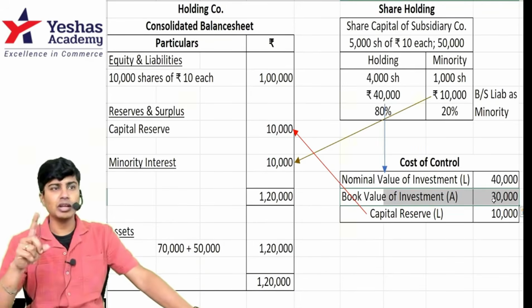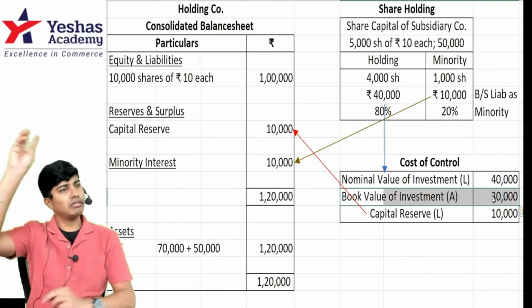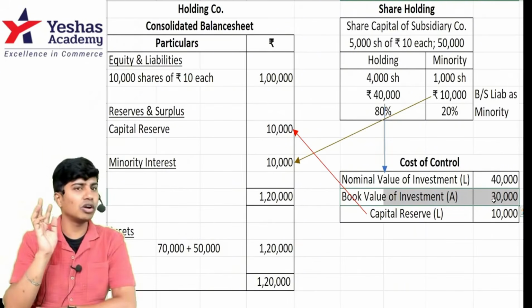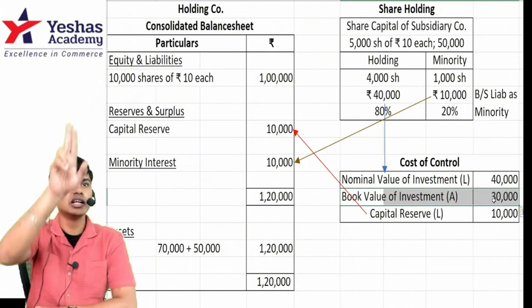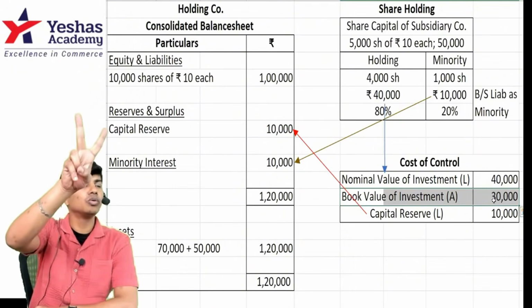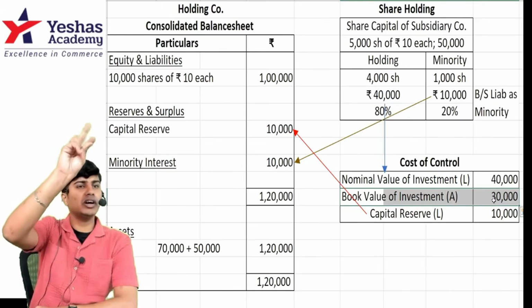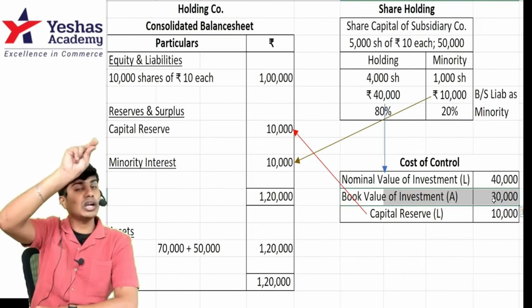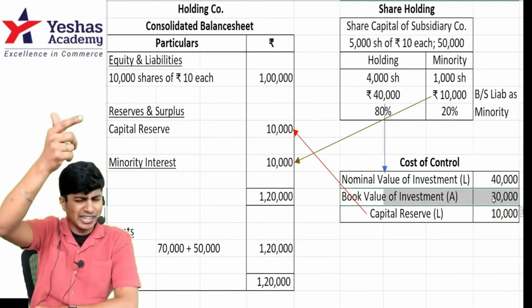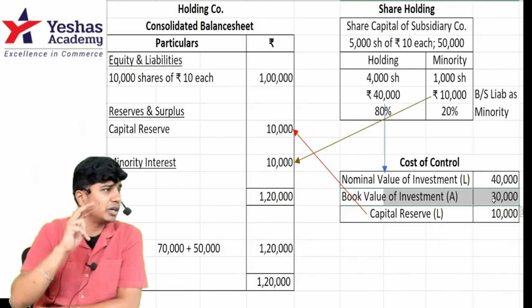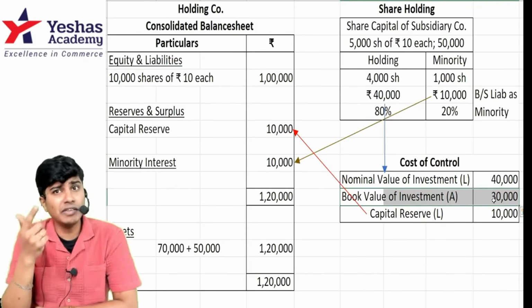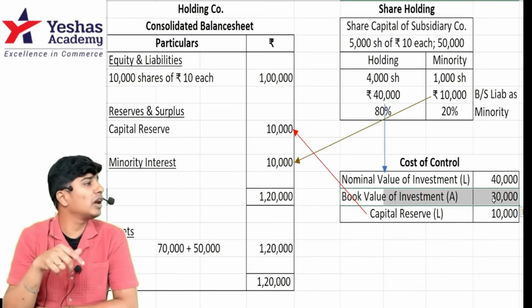Should I repeat once again? Share capital of the holding will go to the consolidated balance sheet. What do you do with share capital of the subsidiary? Split it into two: holding and minority. Minority goes to the balance sheet. Holding, write it as nominal value of investment in cost of control. Compare it with what? Book value of investment.